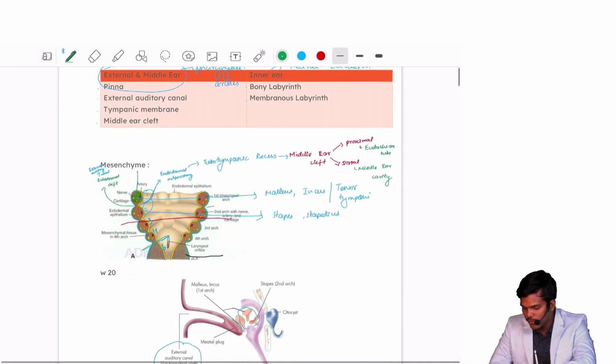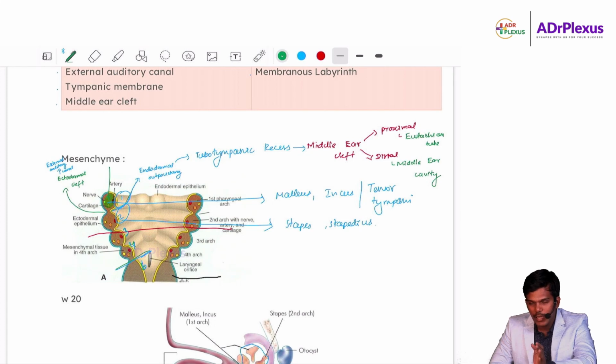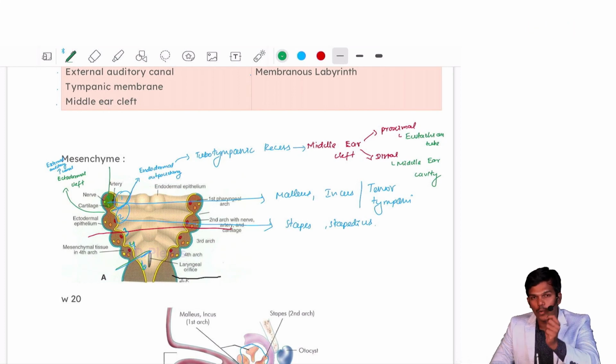Now you look, the pharyngeal arches are there. In pharyngeal arches there will be mesenchyme, ectodermal cleft, endodermal outpouching. Mesenchyme will form the bones and the muscles. Ectodermal cleft will form the external auditory canal. Endodermal outpouching will form the tubotympanic recess which gives rise to Eustachian tube and middle ear cavity. Which are the leftover ones?